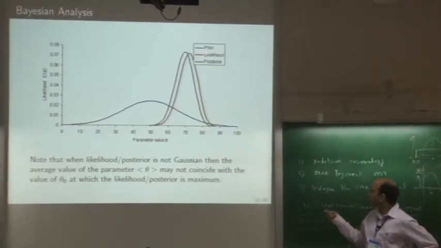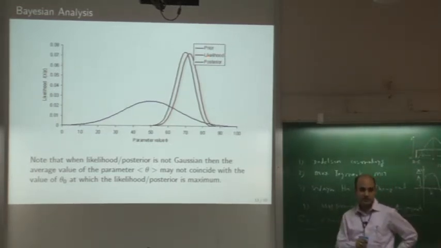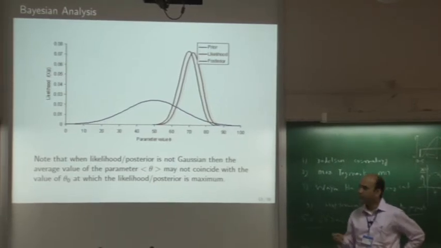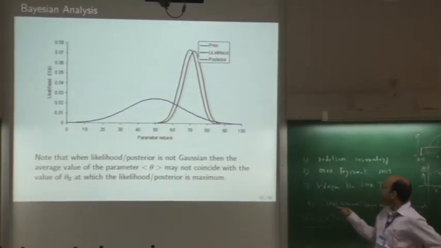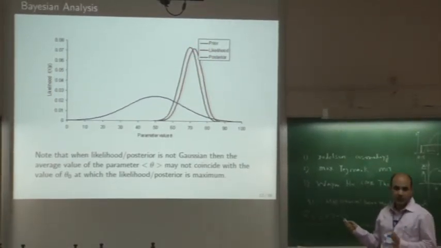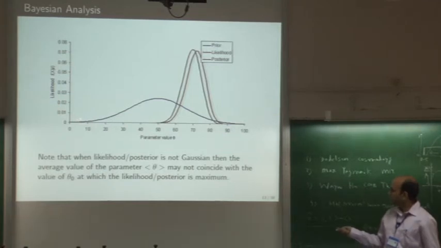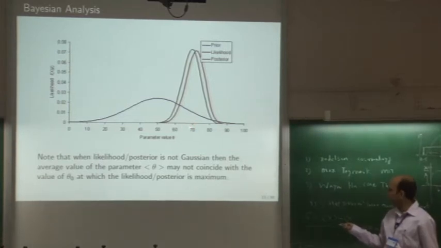Now from the data I compute the likelihood. Likelihood depends on theory as well as data. Then it gets multiplied by the prior and I get the posterior. You can see that this black curve is the posterior. So after the data has been incorporated, I can strongly say that the value of the parameter should be actually 70, and there is almost no chance that it is 10.